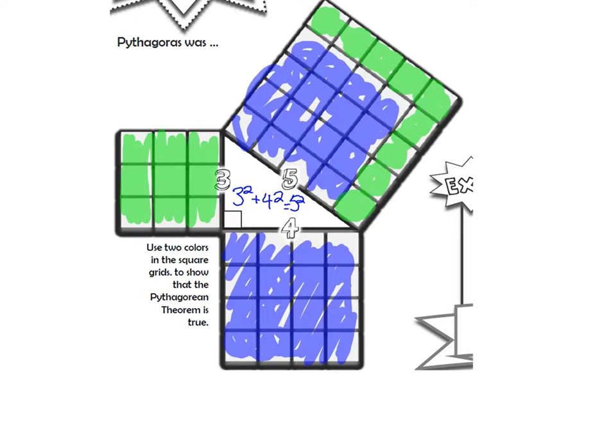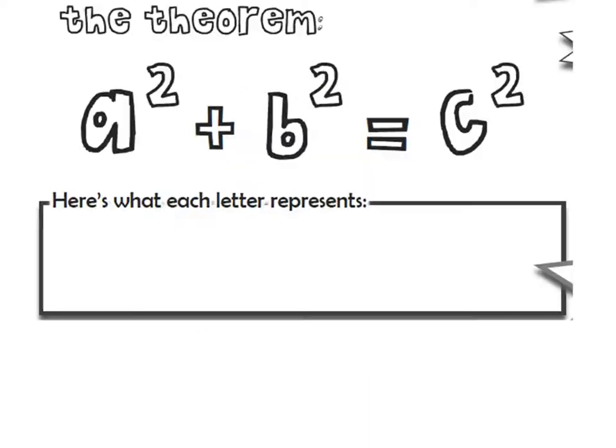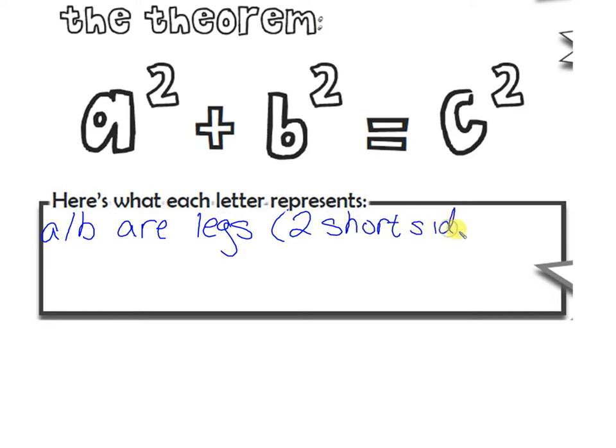But instead of our theorem saying just 3 squared plus 4 squared equals 5 squared, it just gives us an overall rule: A squared plus B squared equals C squared. And here's what those letters represent. A and B are your legs, those two short sides of your triangle.